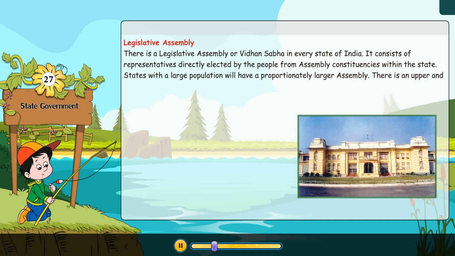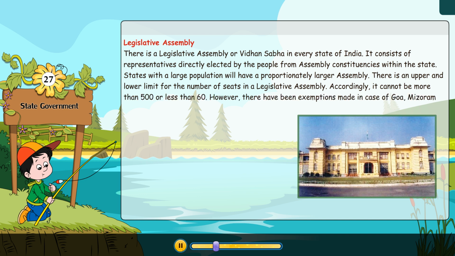There is an upper and lower limit for the number of seats in a Legislative Assembly. Accordingly, it cannot be more than 500 or less than 60. However, exemptions have been made in the case of Goa, Mizoram and Sikkim. Their assemblies have less than 60 members.